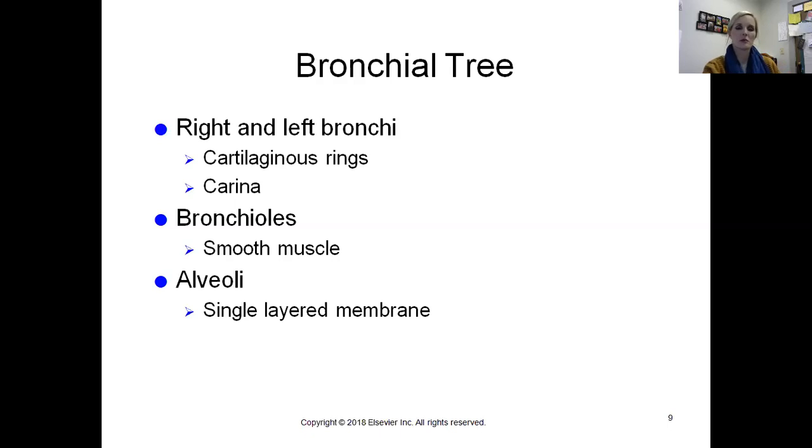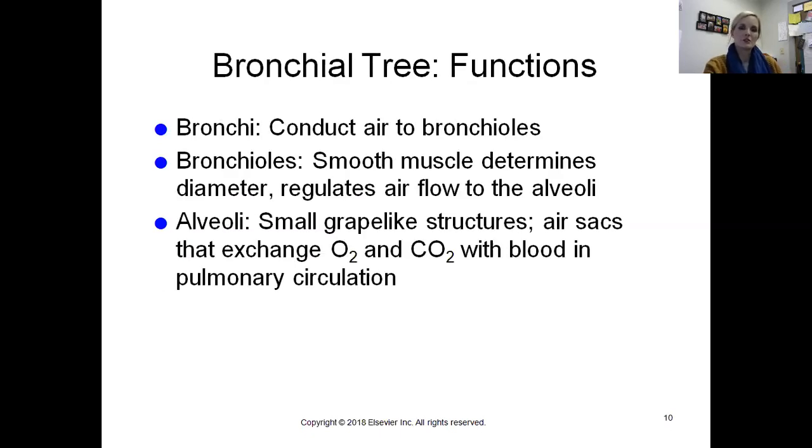And that's what makes up our bronchial tree. So again, bronchi's job is to conduct air to the bronchioles. Once it reaches the bronchioles, then smooth muscle will determine that diameter, helps to open up and regulate the flow of air to the alveoli. And again, the alveoli, small grape-like structures, as I showed you guys in that picture, they're referred to as air sacs pretty often.